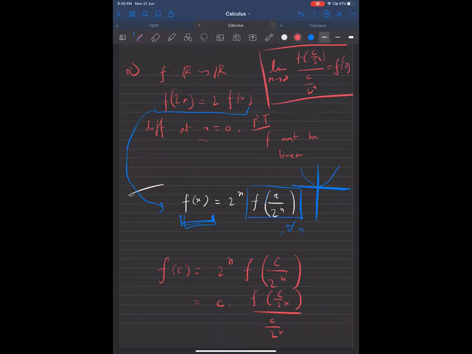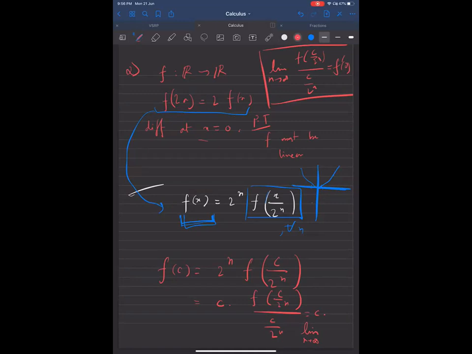This is fine. But from this, f of c equals c times this. How do you go to the step that this is equal to c times the limit as n tends to infinity of the same thing? That is just taking the constant out of the limit. It's a standard thing that we do.